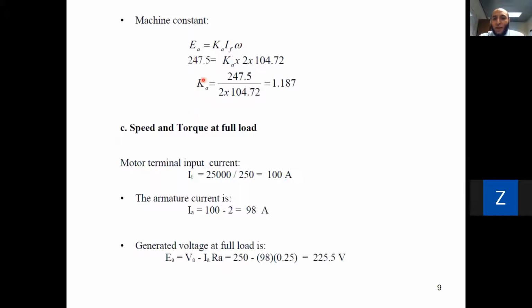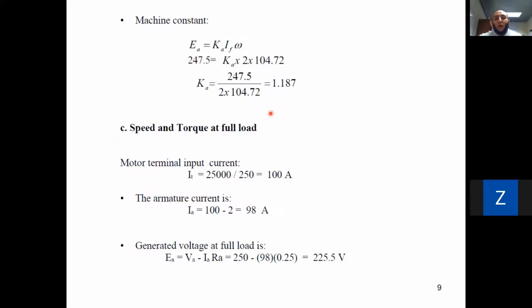So here we can calculate Ka, which is EA divided by IF multiplied by omega, and get the value of Ka. Of course, the units of Ka are voltage divided by rad per second.